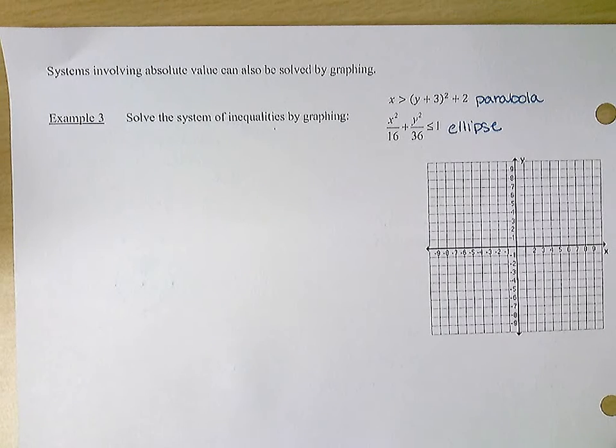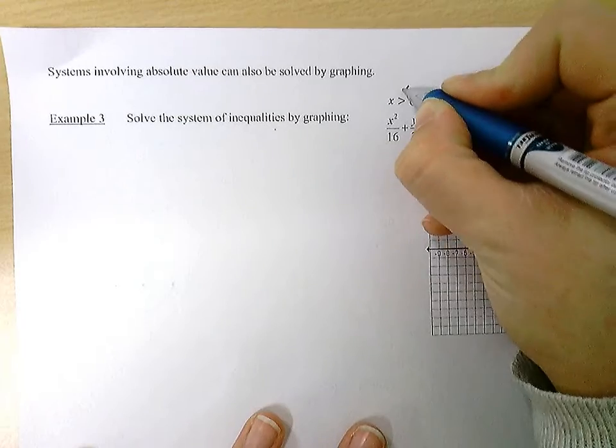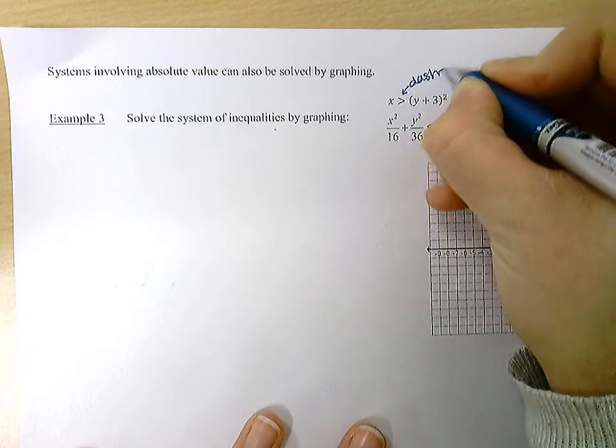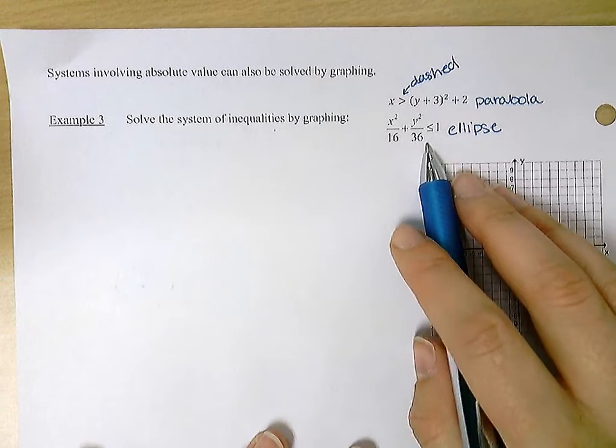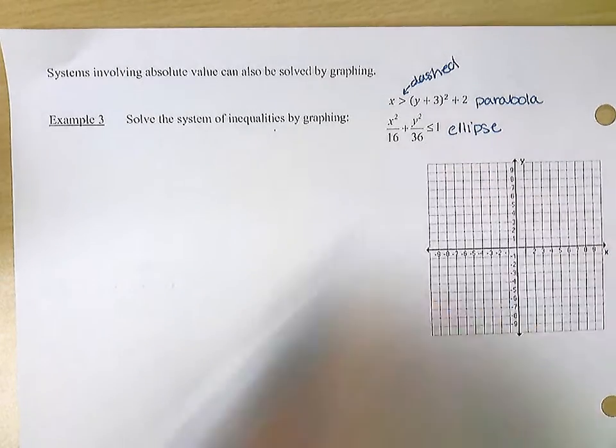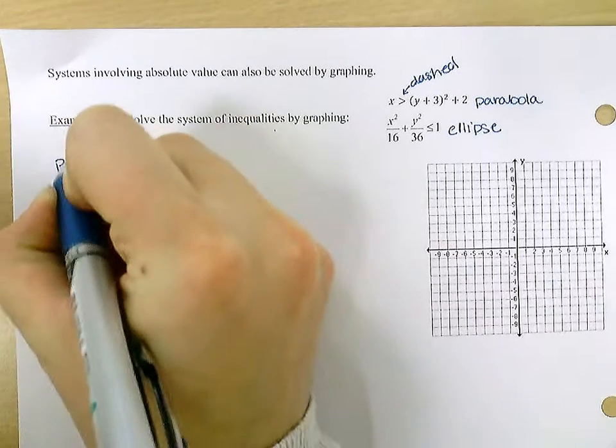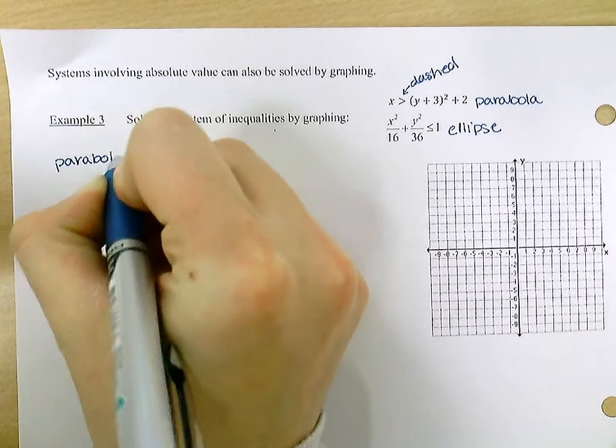Okay, so I need to graph both of these. For the parabola, I do have a dashed line. And for the ellipse, I have a solid line. Okay, so first our parabola, graphing that.